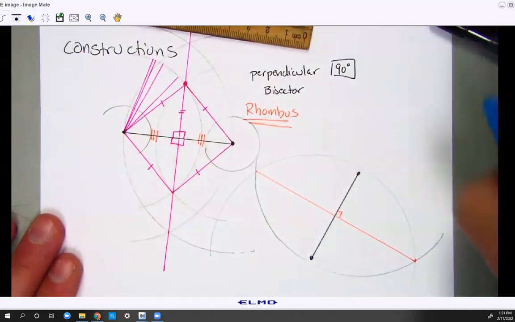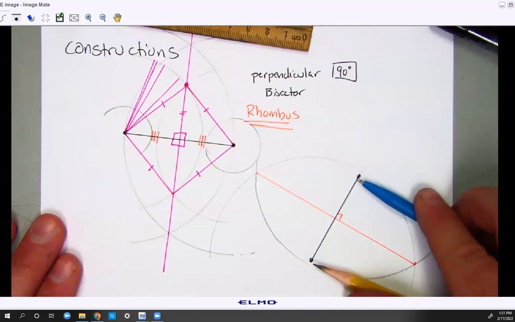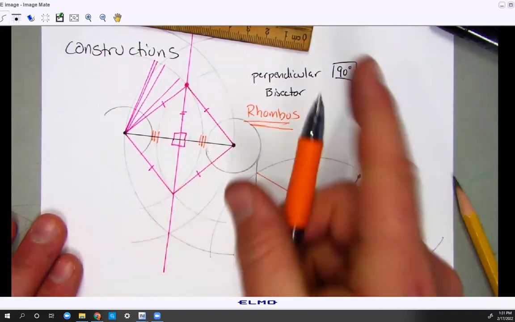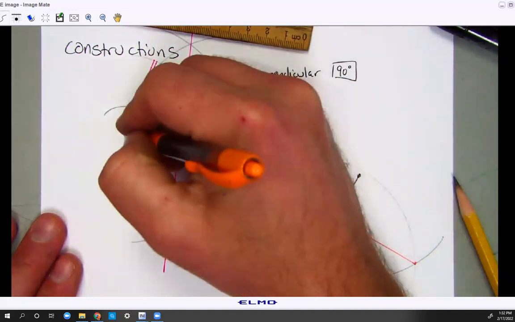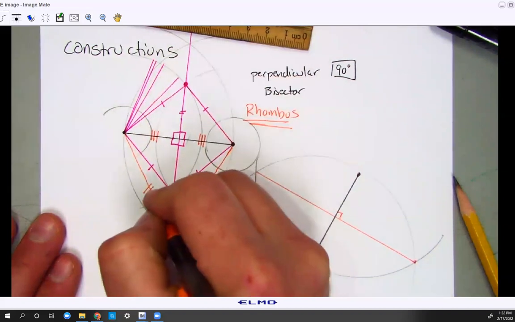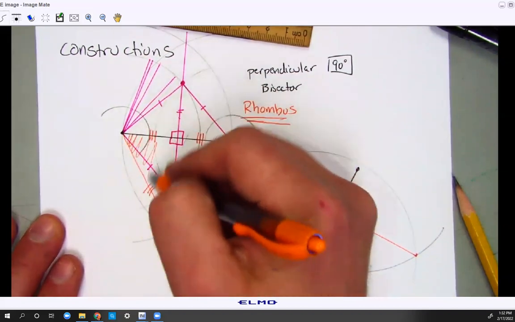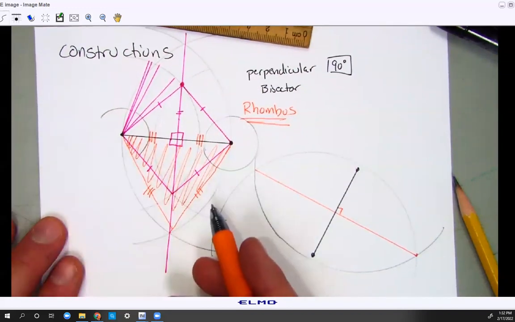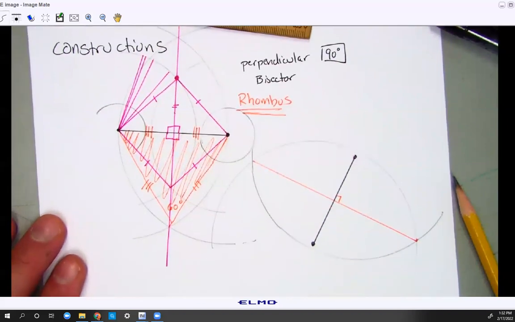And if I'm really careful to make sure that my compass is set to the width of my line when I start, then from here to here to here, these lengths are all the same. I get an equilateral triangle. And if I have an equilateral triangle, then I have 60-degree angles.